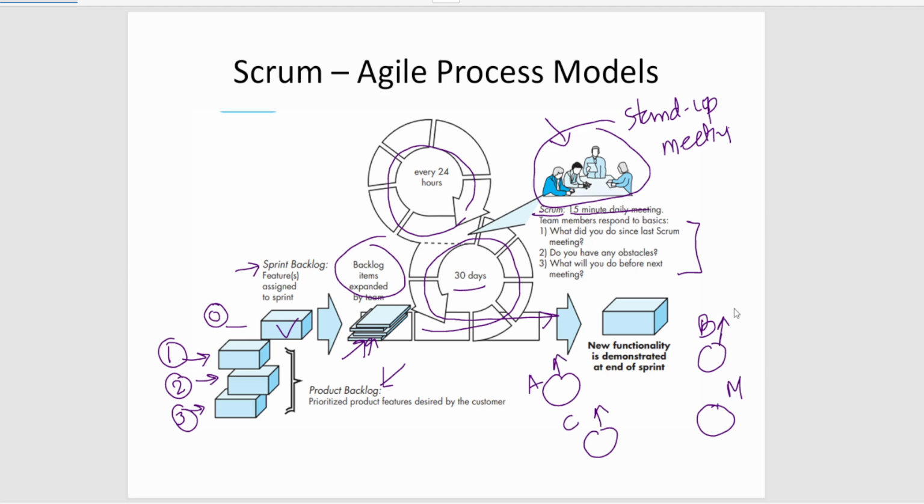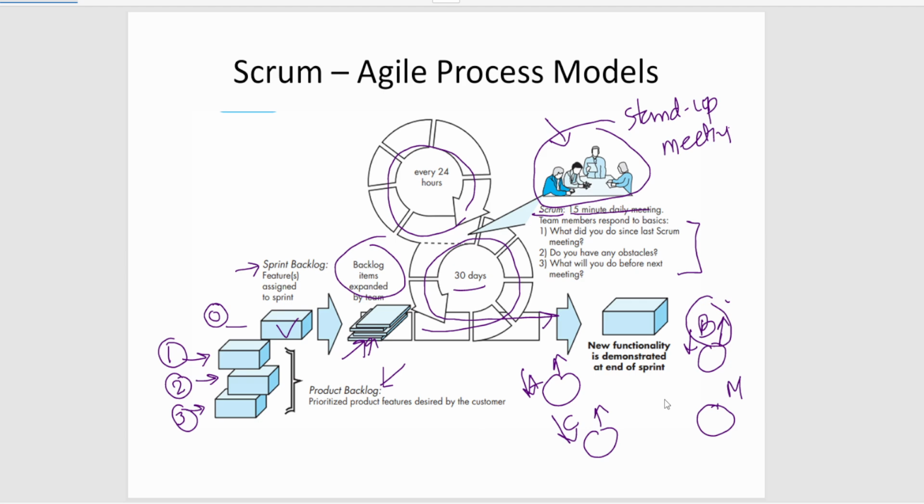This person explains his work, answering the three questions, and sits down. Then the next person explains and sits down. So the manager gets the update in 15 minutes.